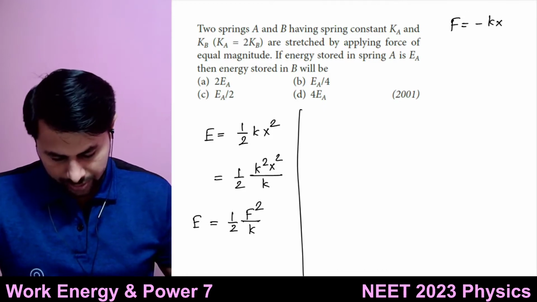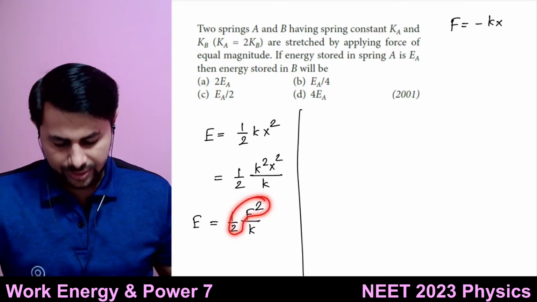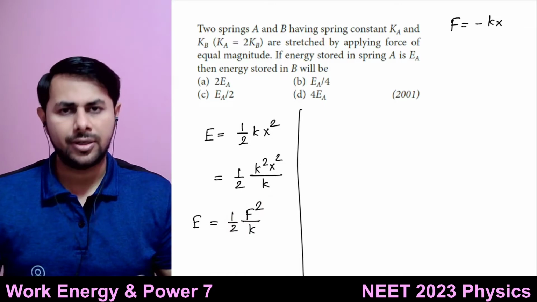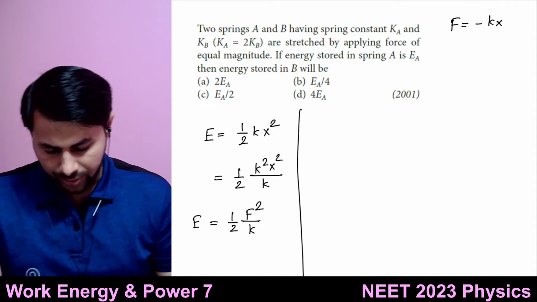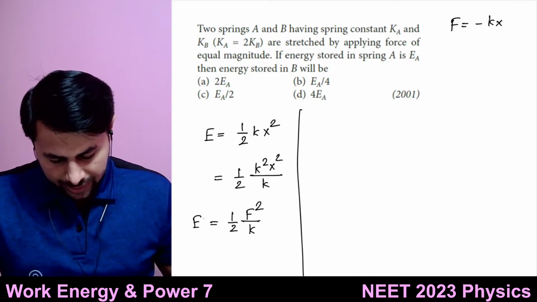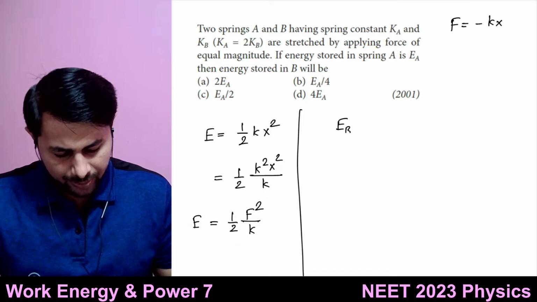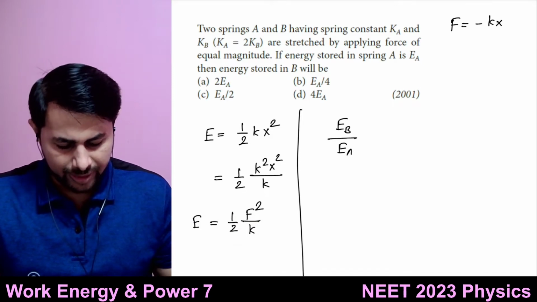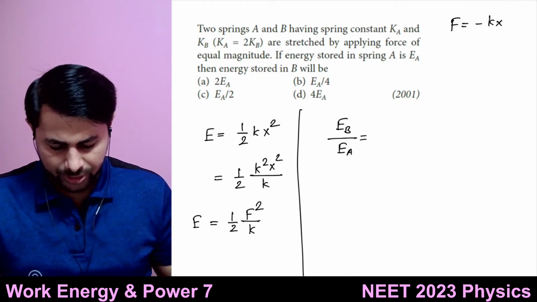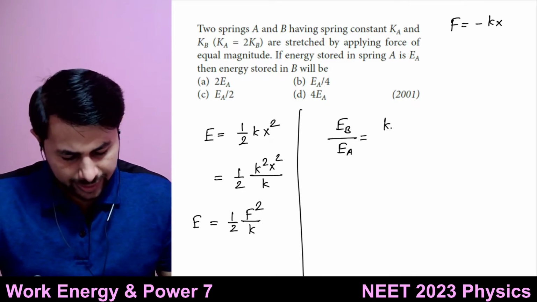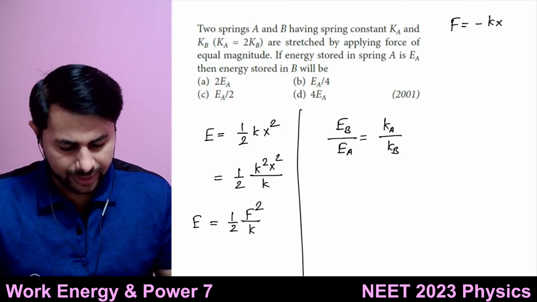Okay, so force is constant, right? Force is the same on spring A as well as spring B. So you can write that energy is inversely proportional to K. So EB upon EA will be equal to what? It is inversely proportional, so it is Ka upon Kb.